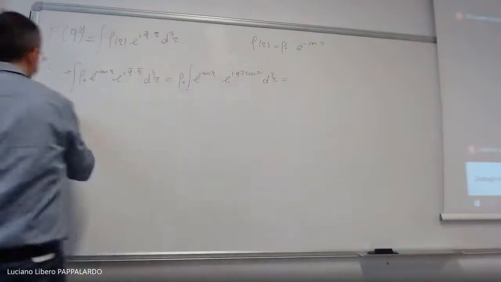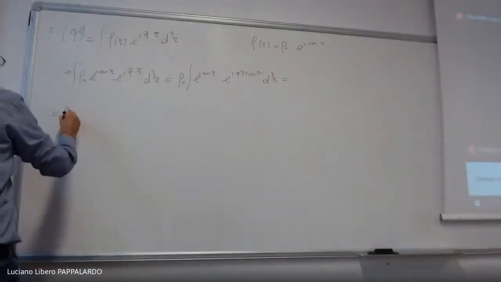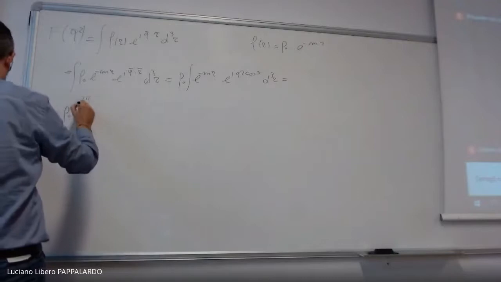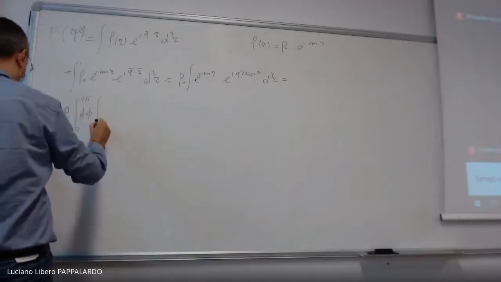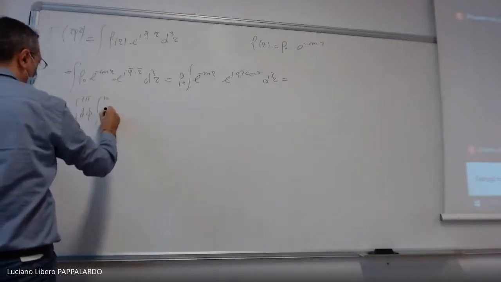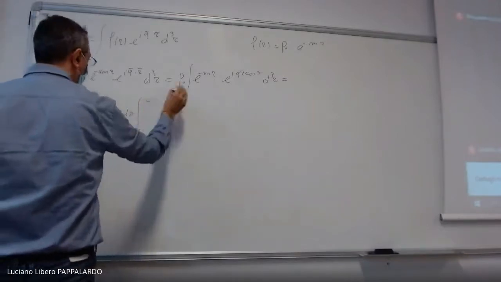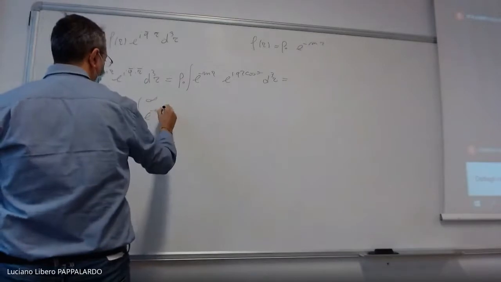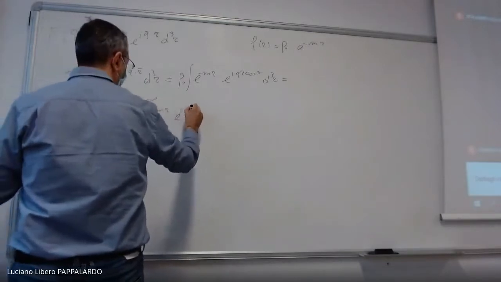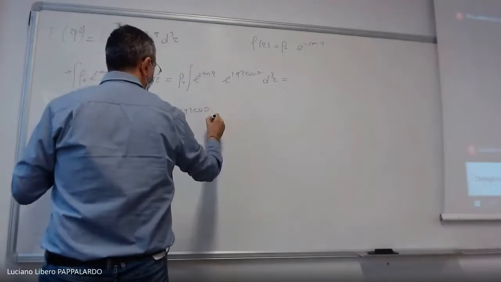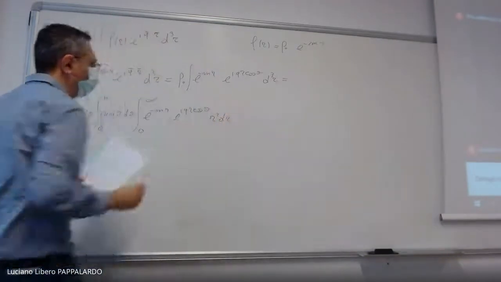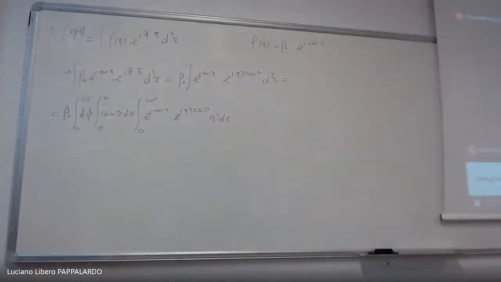As usual, we move to spherical coordinates, so we have the integral of theta from 0 to pi, and r from 0 to infinity, and then we have our charge distribution and r squared.